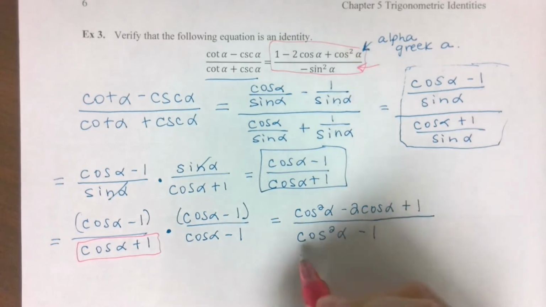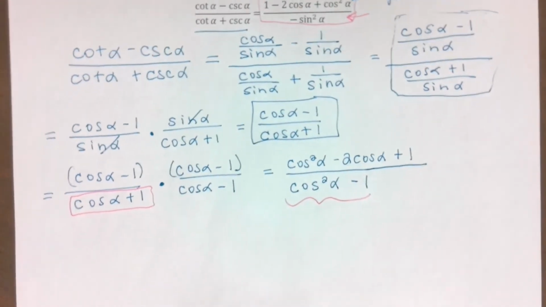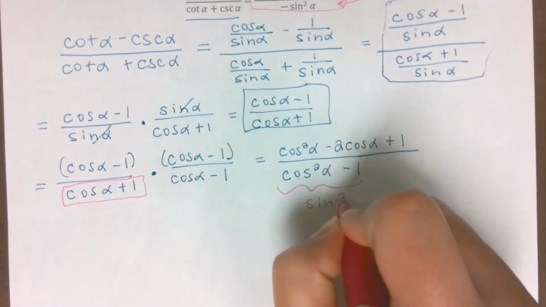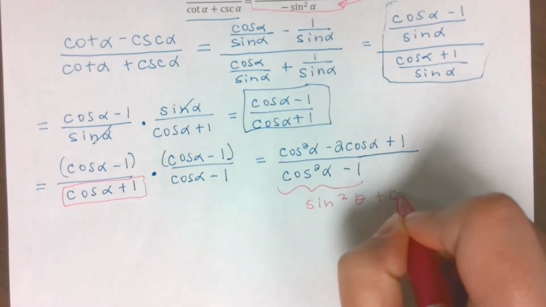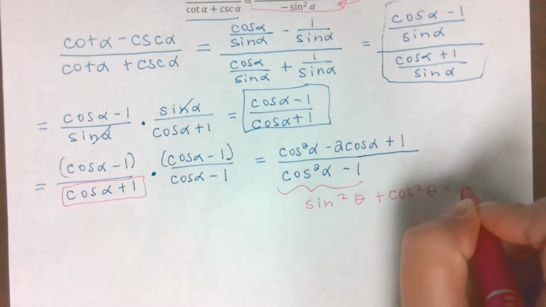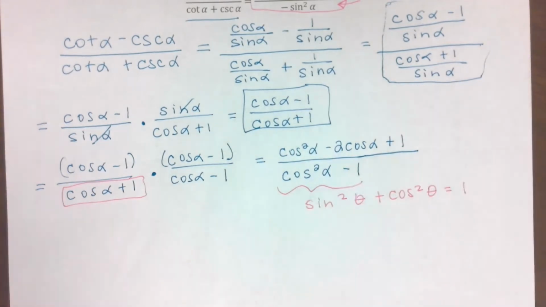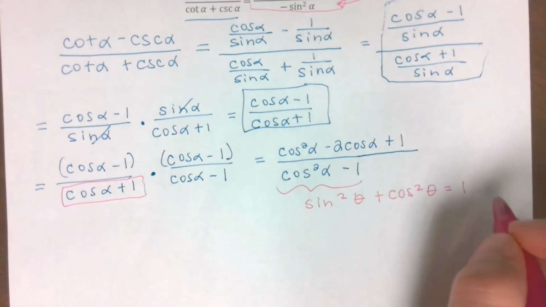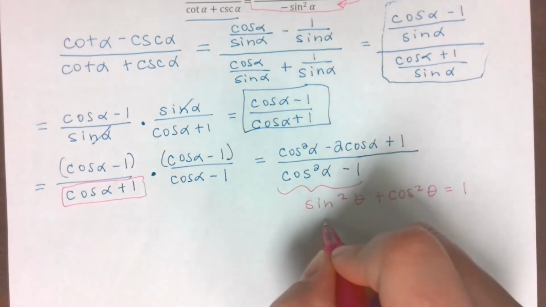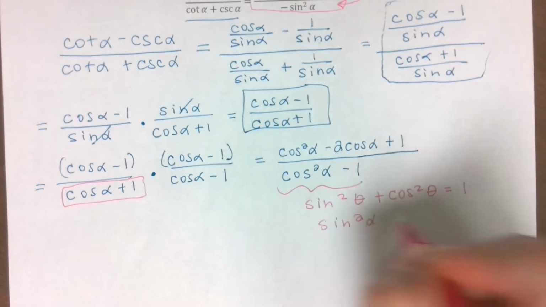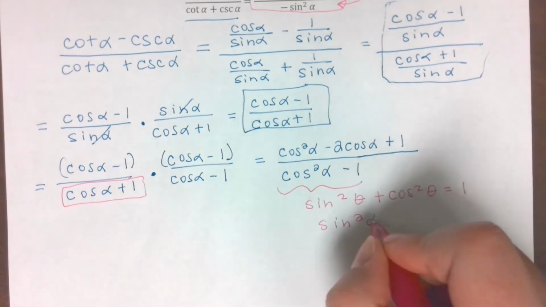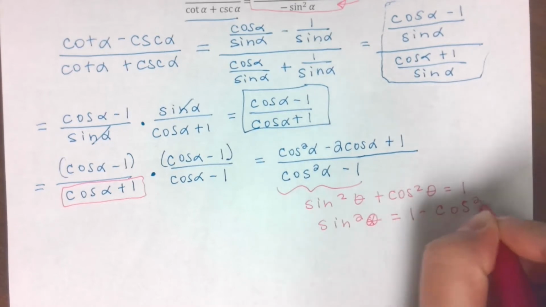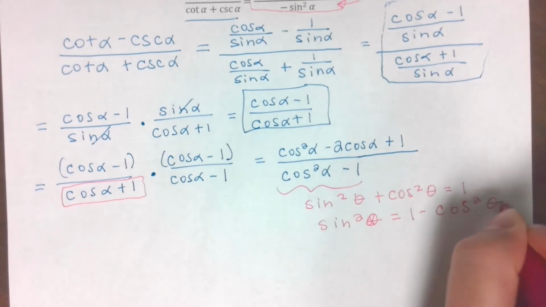Okay, so looking at this denominator right here, our Pythagorean identity is sine squared theta plus cosine squared theta equals 1. And if we subtract cosine squared theta on both sides, then we have sine squared theta equals 1 minus cosine squared theta.